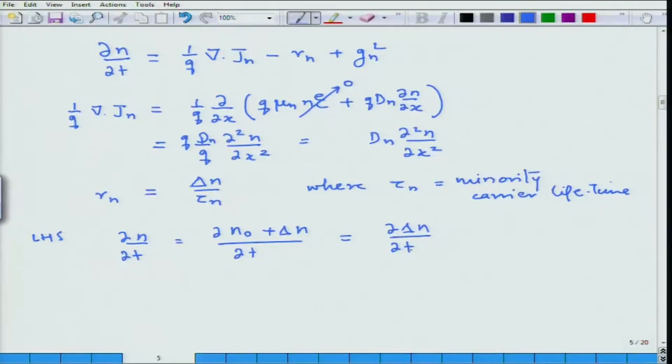Similarly, I can make this similar analysis for the second and the third term. Then I would write the overall continuity equation for minority carrier.